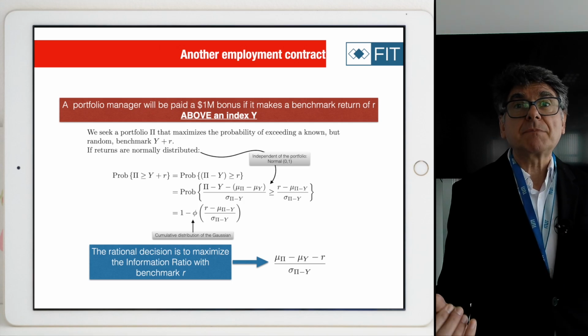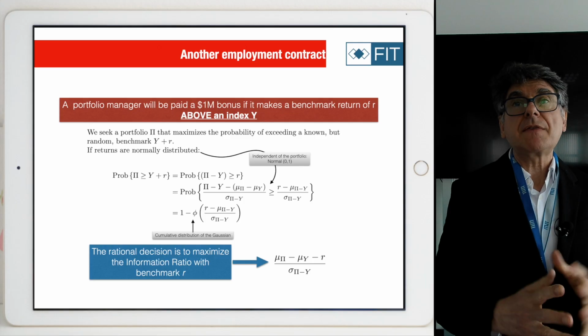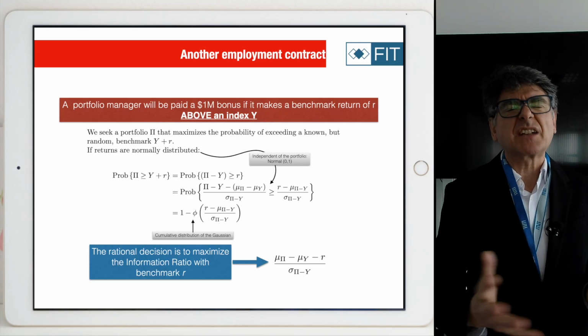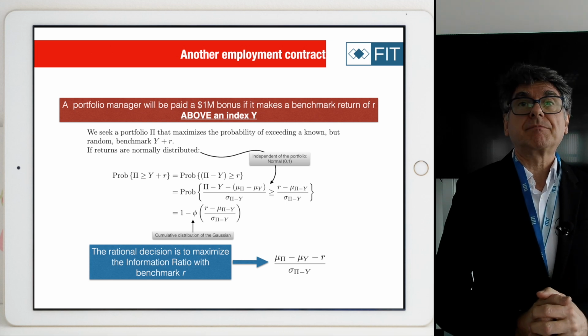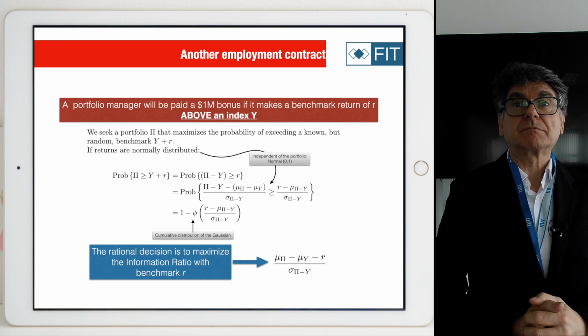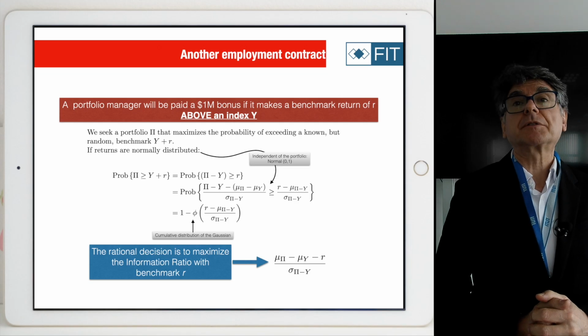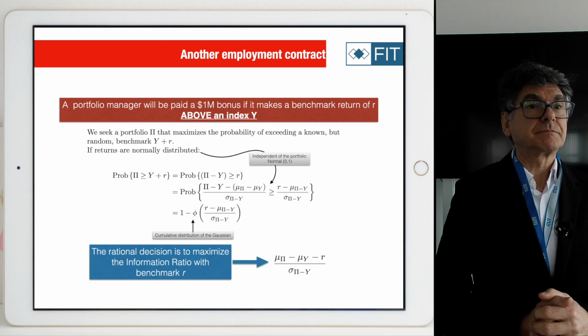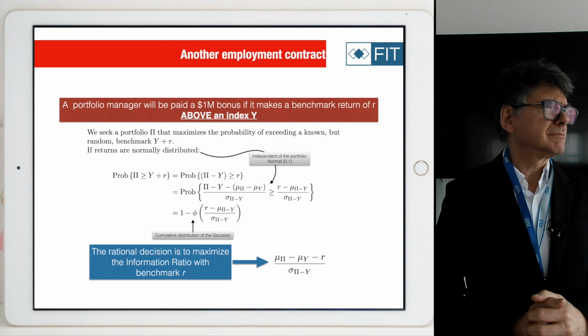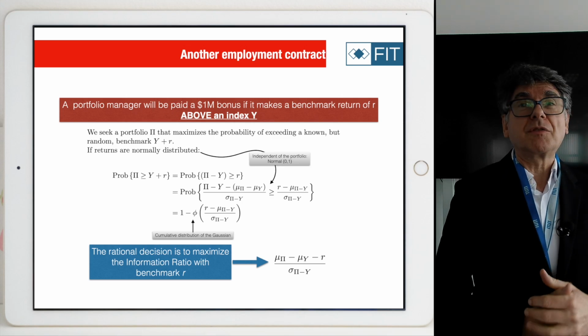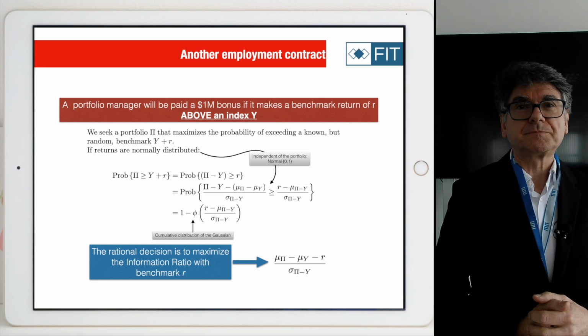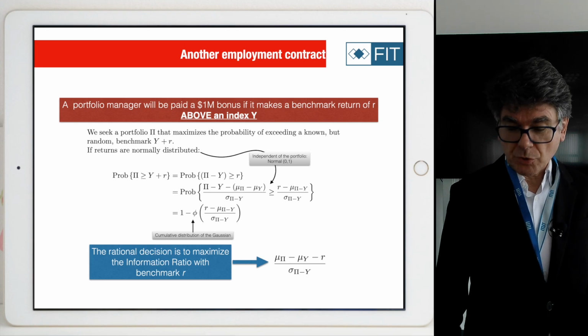The consequence of this is something very funny. Let's say that, I'm exaggerating a little bit. Let's say that the index drops by 5% this month, and you make 5%. You're probably going to be fired. Your information ratio is going to be very low. In fact, you're supposed to stick to the index.